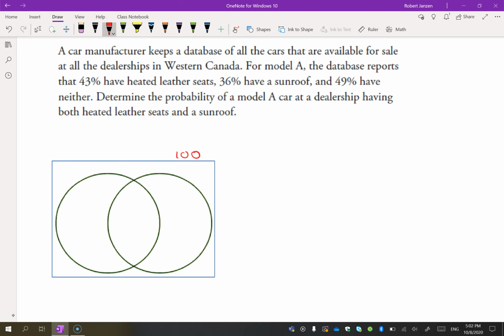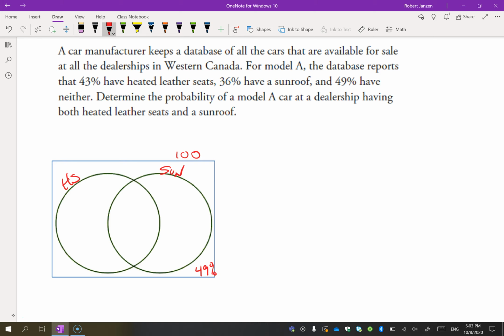And it says that 49% have neither the heated seats or the sunroof.